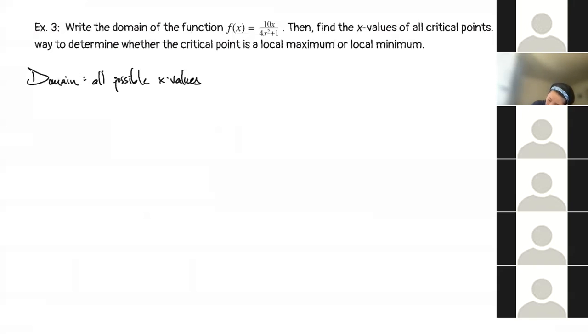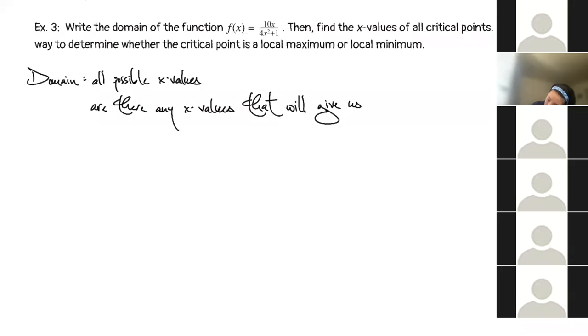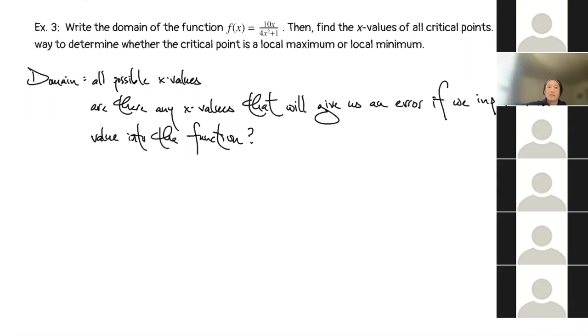So the question we want to ask ourselves is, are there any X values that will give us an error if we input that value into the function? Okay.